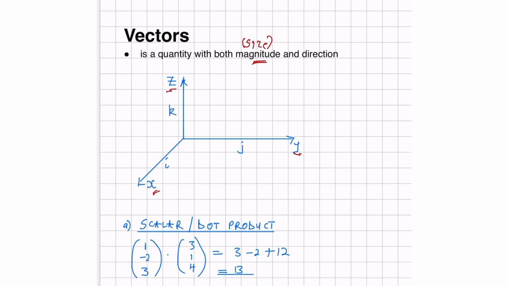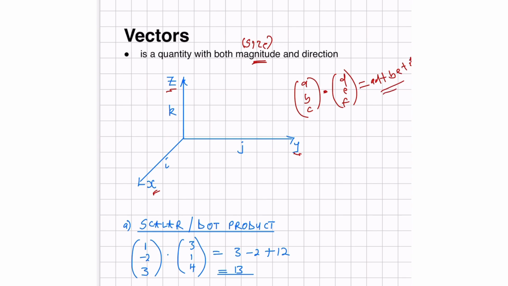So if we've got two vectors, so let's say vector 1 is a, b, and c, and vector 2 is d, e, and f. Then the scalar product or the dot product, basically you're multiplying the two. You're going to multiply a by d, so you're going to get ad plus be plus cf as your scalar product or your dot product.